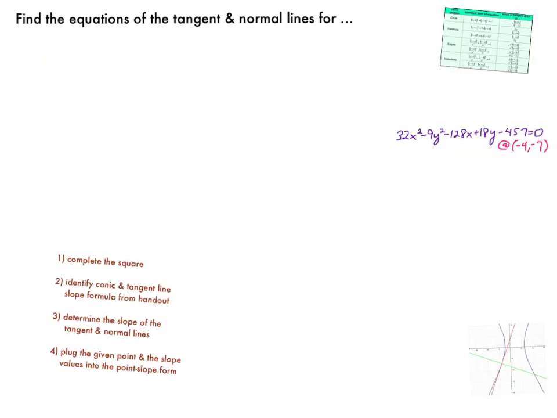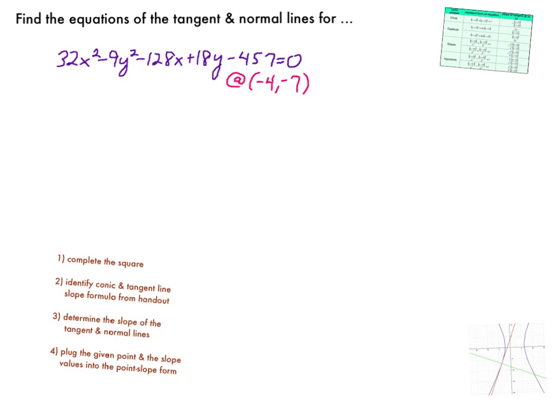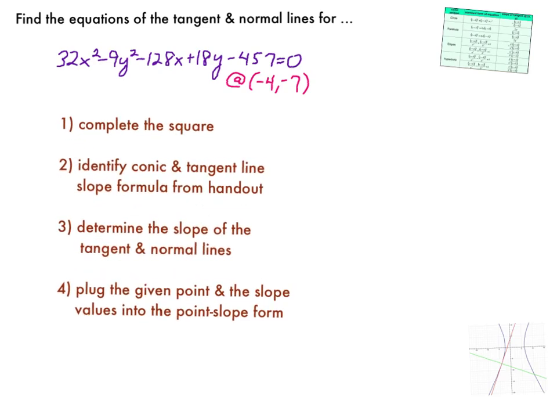What you're going to do now is you're going to pause the video after I bring up these steps, and you're going to find the equation of the tangent and normal lines for this conic right here. We'll check your answers after you're done. But first, you're going to complete the square. After that, identify what conic you have. Then look at the tangent line slope formula from the handout.